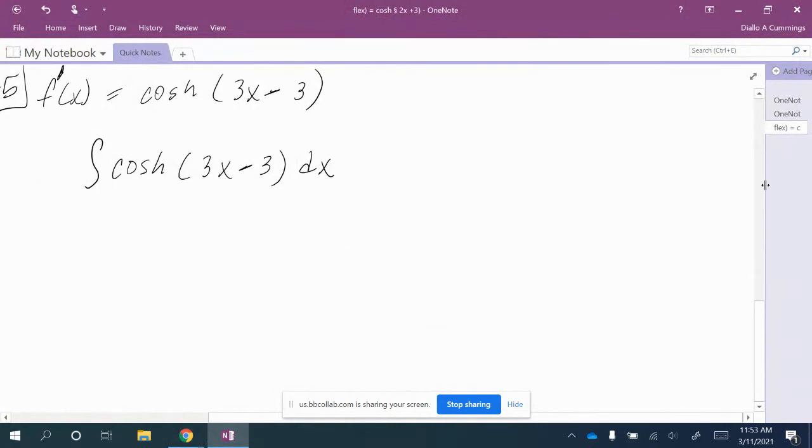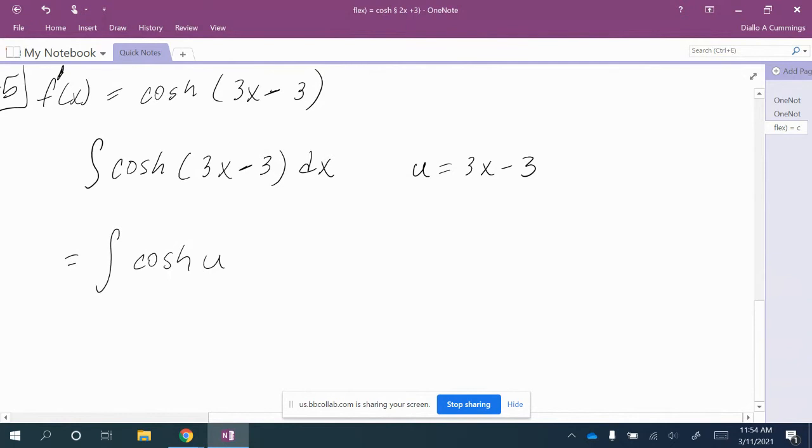So I don't actually have the hyperbolic cosine of u. I have the hyperbolic cosine of 3x minus 3. So I'm going to make a substitution. I'm going to let u equal 3x minus 3. That will allow me to write this as the integral of the hyperbolic cosine of u. However, I'm left with dx.